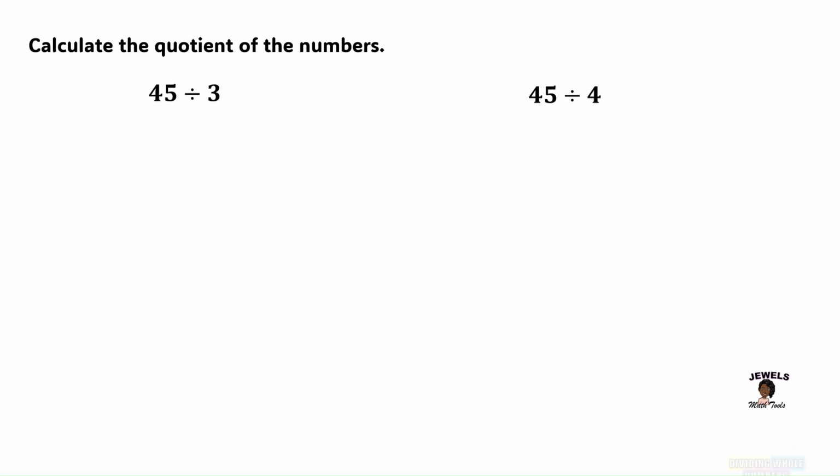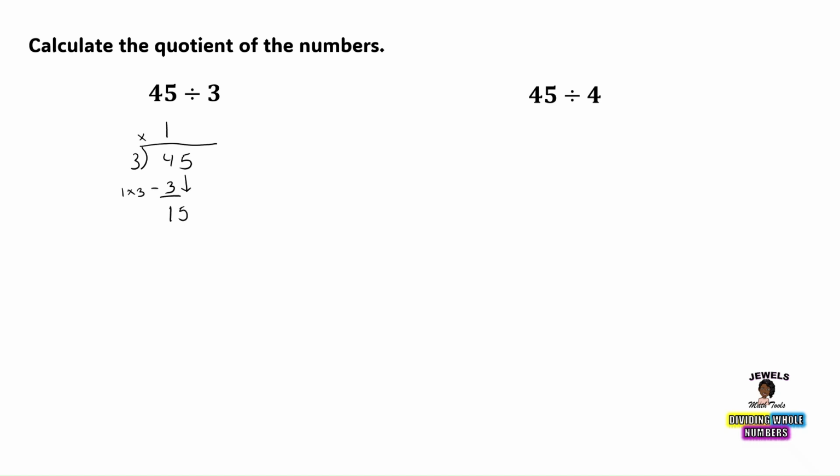Okay, so let's begin dividing our 45 by 3. 3 will divide into 4 one time. When 1 is multiplied by 3, we get the product of 3. 4 minus 3 gives us a difference of 1. We'll bring down our 5, changing 1 to 15.